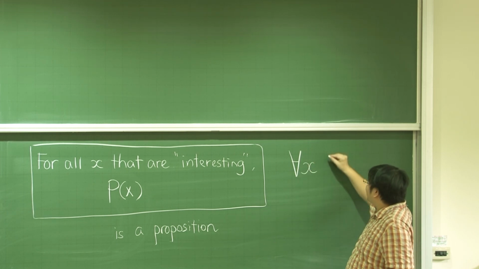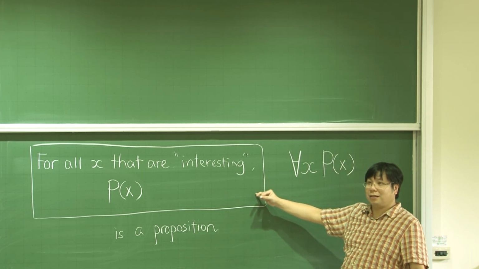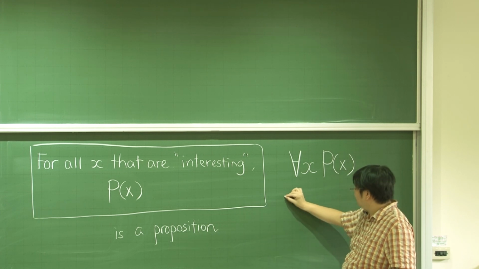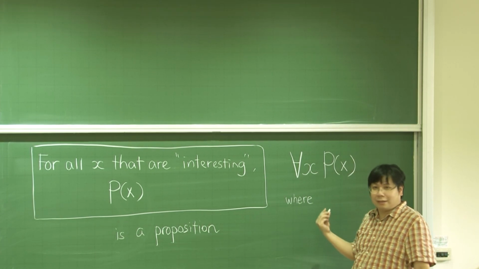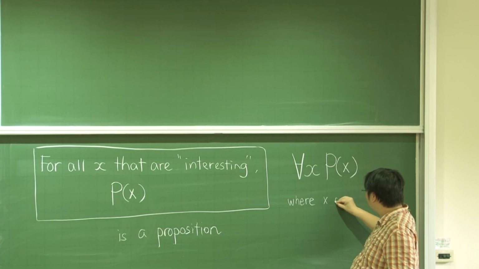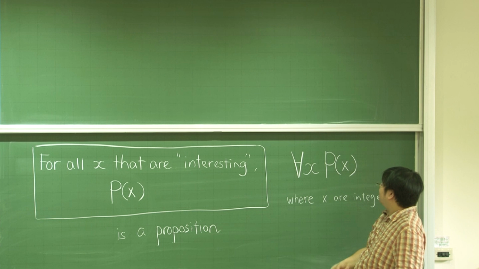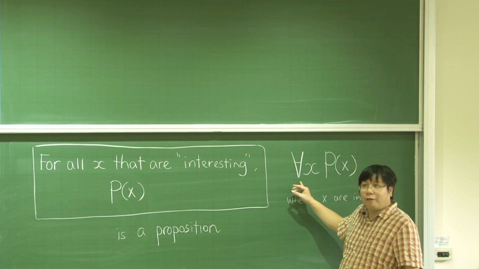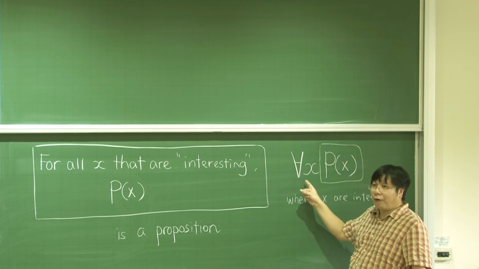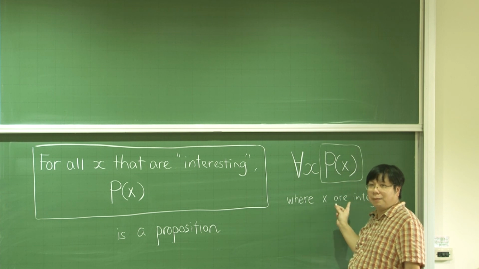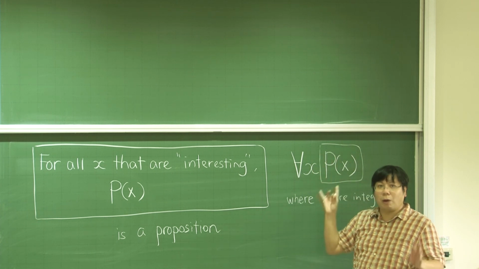And then P(x) to represent this one. But we will also specify what is so special about x, for instance, where x are integers. So this P(x) is a propositional function, right? So for all x P(x), it becomes a proposition. And if we specify the integers, then it becomes a well-defined proposition.